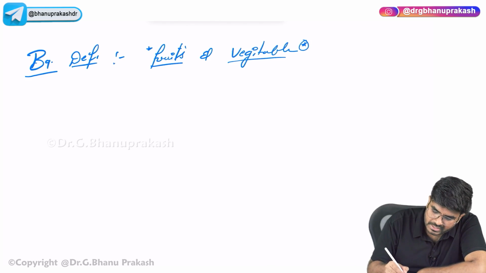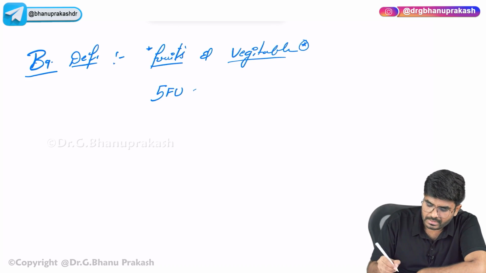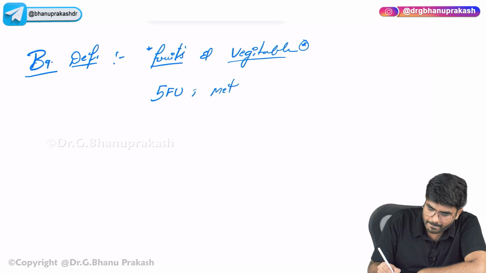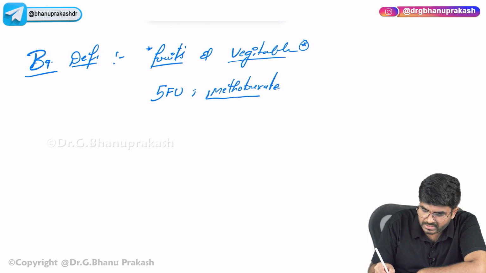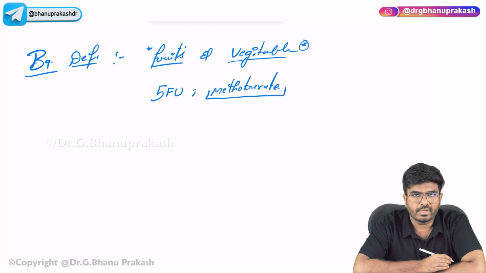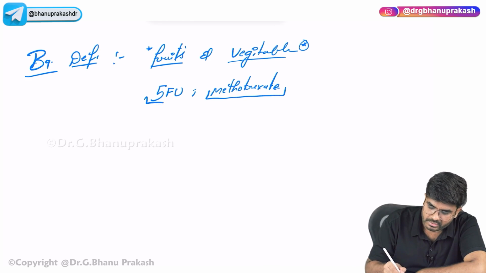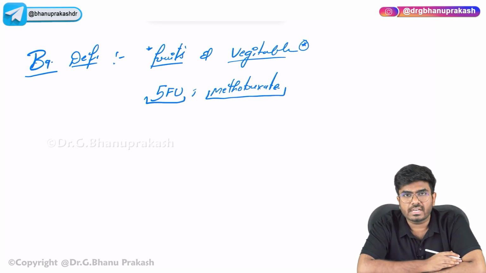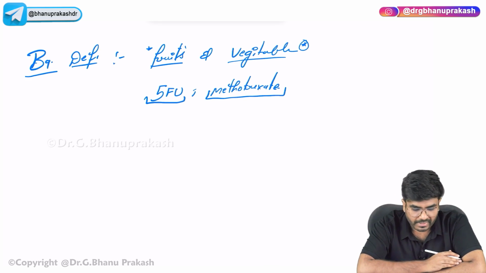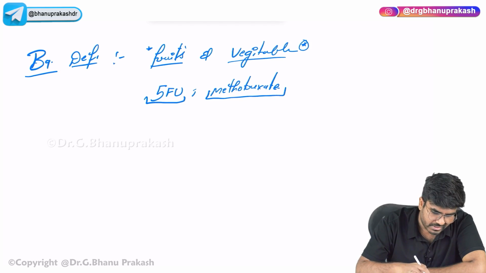Or if you are using drugs like 5-fluorouracil or methotrexate, these are folate antagonists. Methotrexate is used in the treatment of ectopic pregnancy and cancers, and 5-fluorouracil is used in the treatment of cancers. Using these drugs can also cause vitamin B9 deficiency.